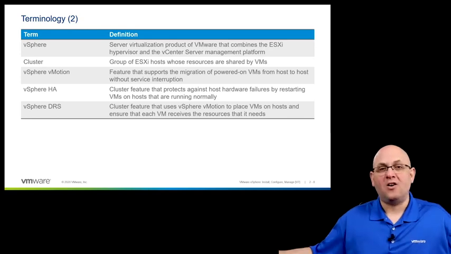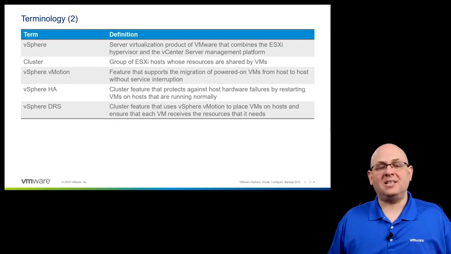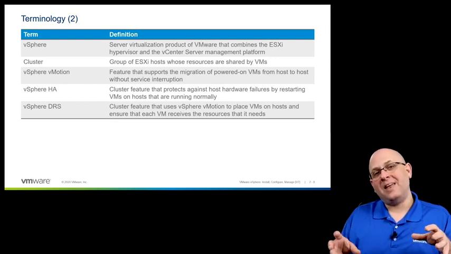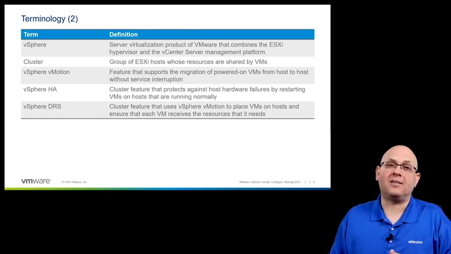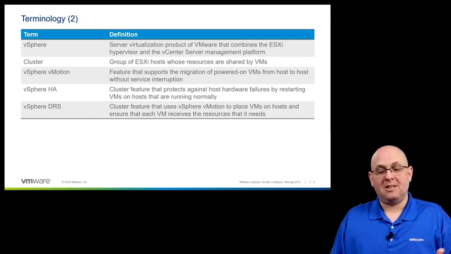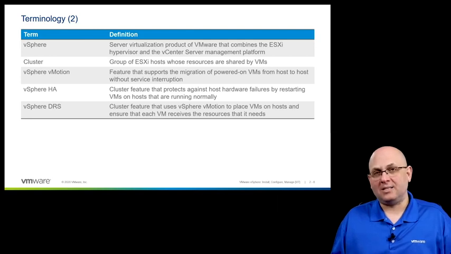So take all the CPU and all the memory and all the networking of 64 ESXi hosts and group them together. Now we can manage all of these aggregate resources together, and we can implement features like vMotion and HA and DRS within a cluster.